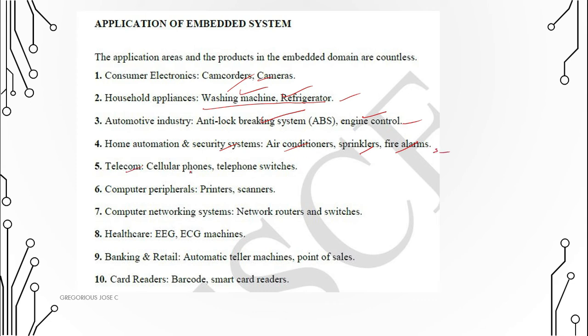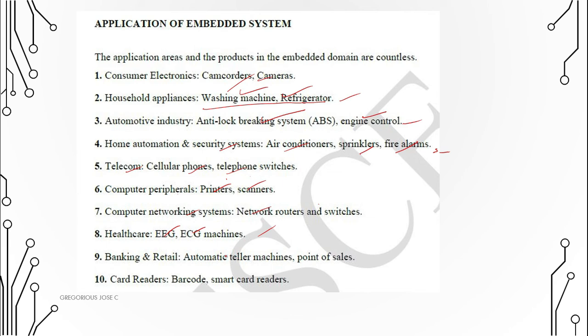Next is the telecom area: cellular phones, telephone switches. Then computer peripherals, such as computer printers, scanners, and connected devices. Computer network systems: routers, switches. Another important area is healthcare: ECG, EEG, and such diagnostic instruments.